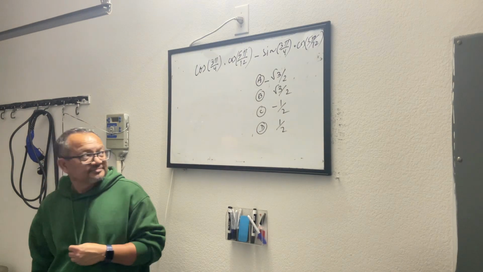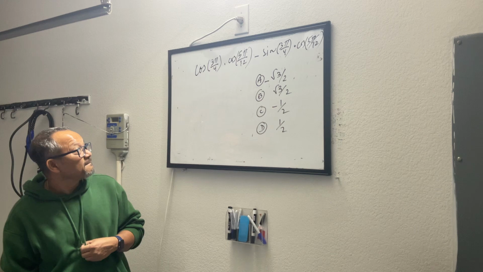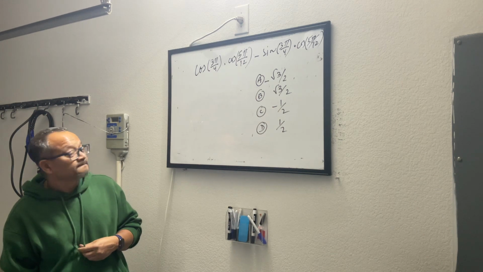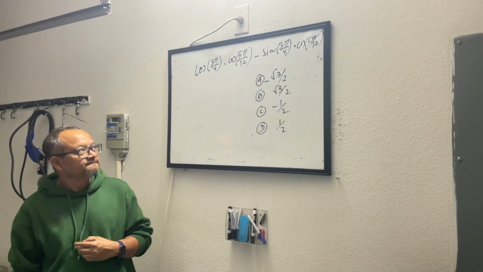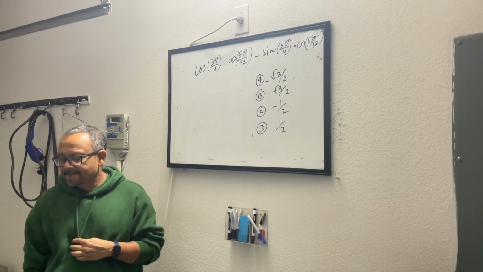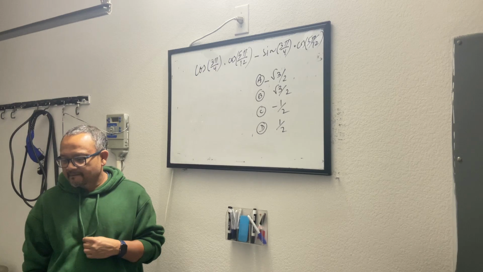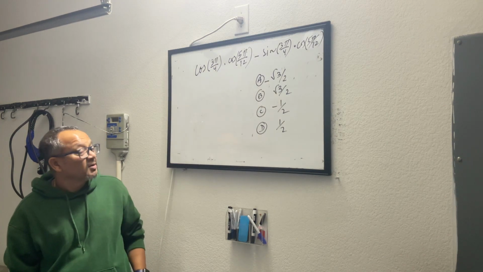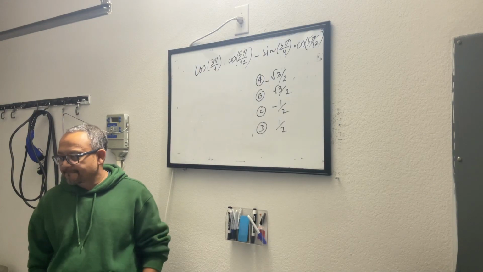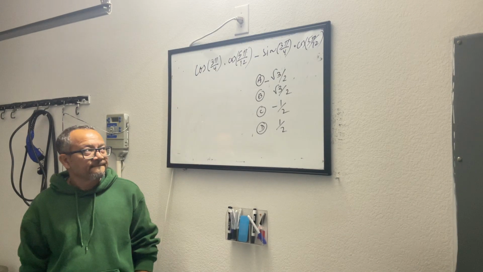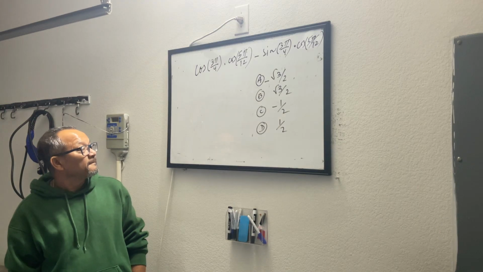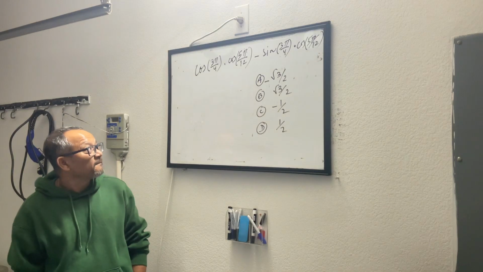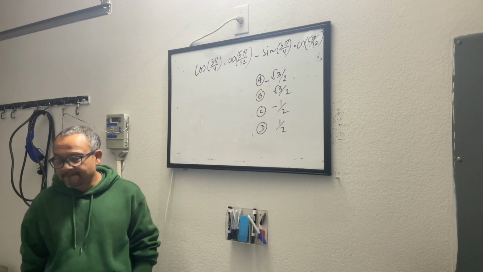So first of all, it's cos of A plus B. So that would mean it's cos A cos B minus sine A sine B. And then I tried finding a common denominator between those two fractions, because it's just weird.